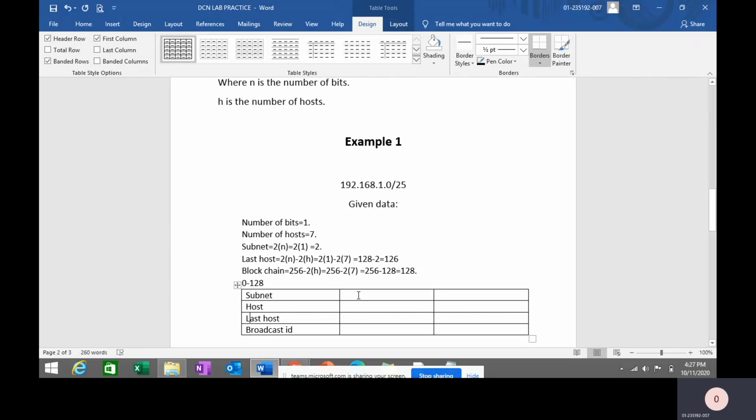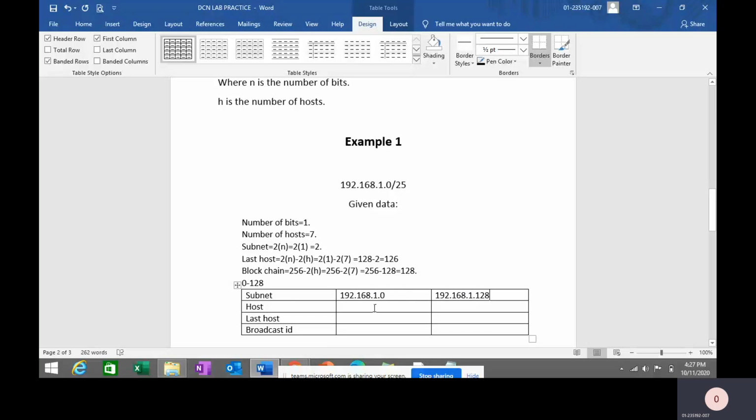How will we do that? First of all, we need to know about the subnet. We will have two subnets. First of all, I need to mention the IP address as 192.168.1.0, and the second one will be 192.168.1.128.